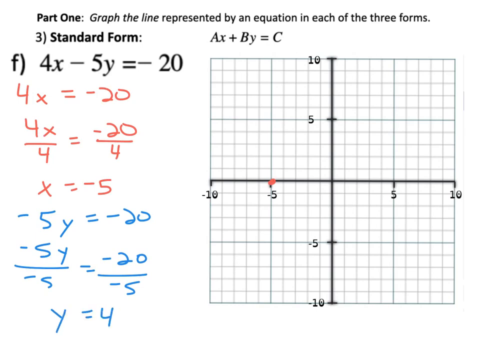We found the y-intercept at 4. Now we will take our line tool, you will take your ruler, connect those points. It's a little tricky to adjust this line once you draw it, but you're going to do well because you're going to draw yours using a ruler and lining it up nicely. There we go. That's how you do graphing an equation in standard form.